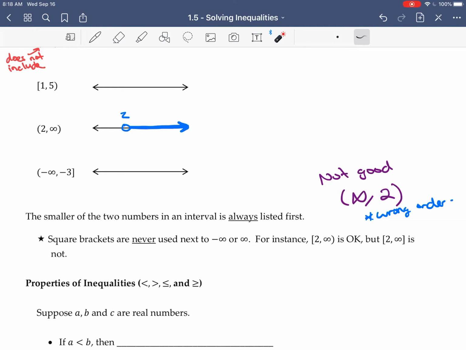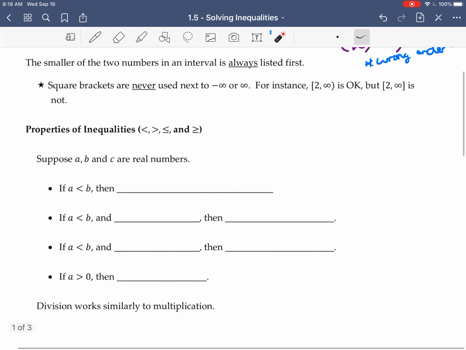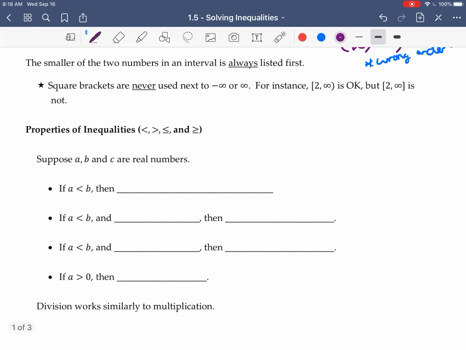So, some properties for inequalities. If A, B, and C are real numbers, and we have A less than B, then we know that if we add or subtract C to both sides, A plus or minus C should be less than B plus or minus C, as long as we do the same thing to both sides.